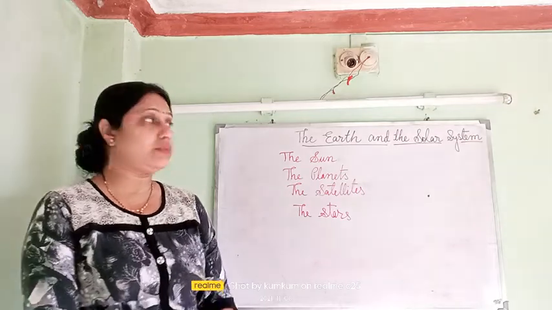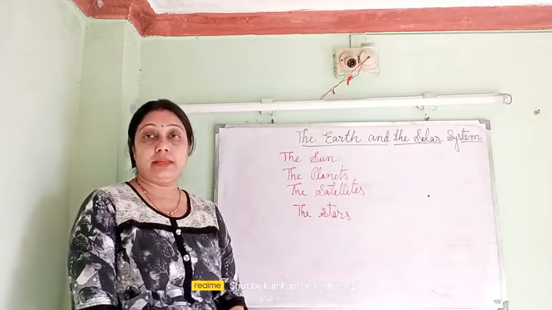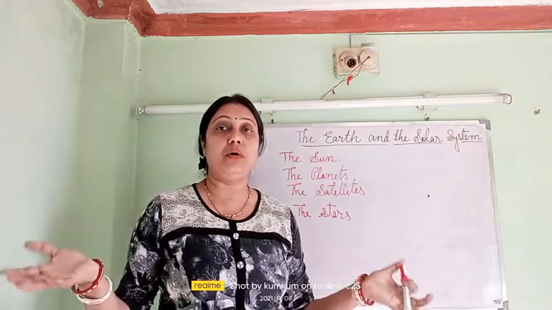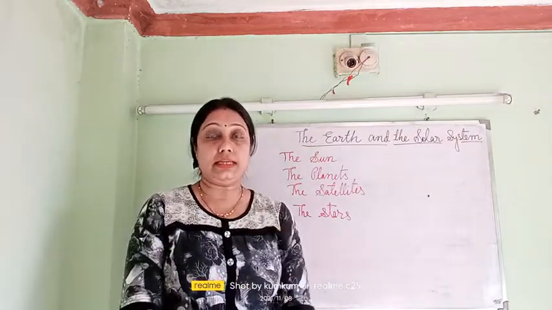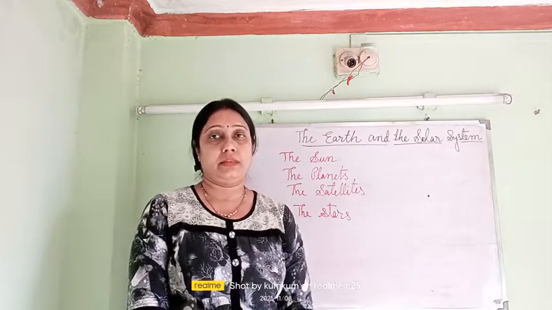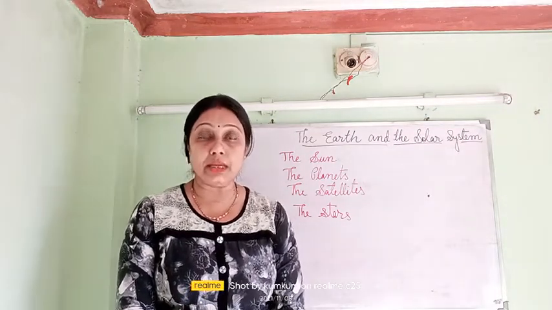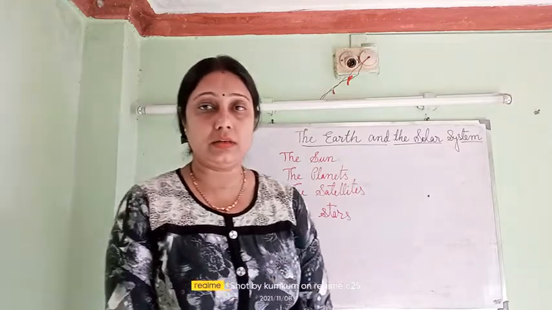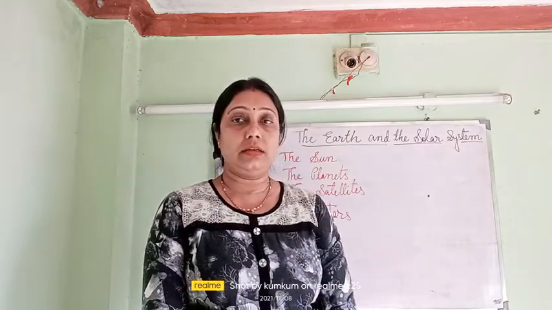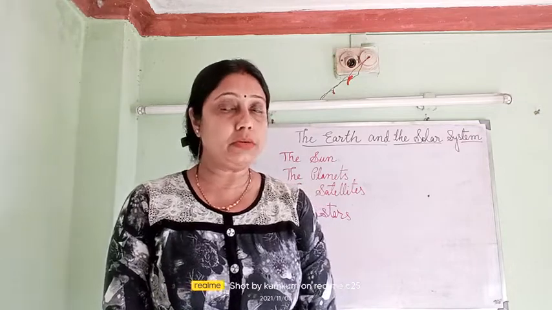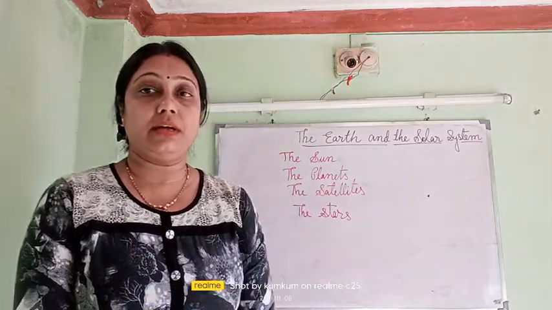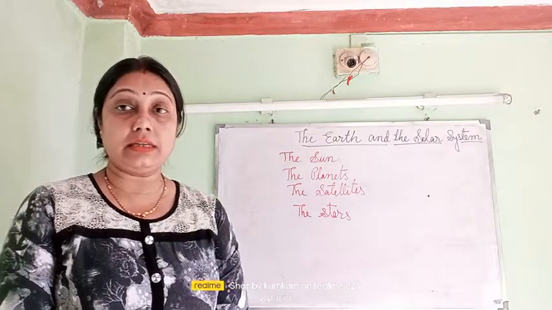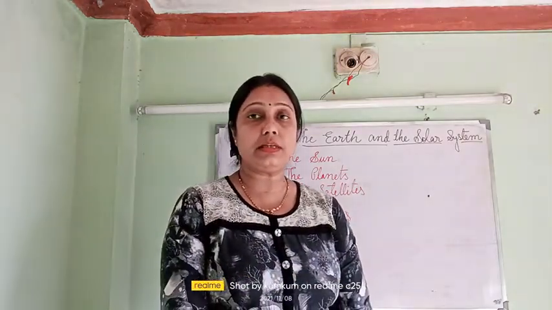Now let us first find out about the sun. The sun is a huge ball of fire. It is a star. The sun is the main source of heat and light on the Earth. Without the sun, life would not be possible on the Earth. Our Earth would have become a lifeless planet, a cold desert.